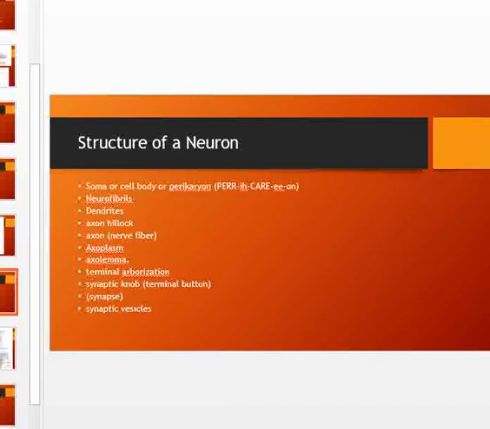The synaptic knob, or terminal button, is the next thing. I am very sure that you did it in high school. It's like a little swelling that forms a junction, and that junction is what we call the synapse. Between one nerve and another, we have a junction called a synapse, and at each end of the synapse we have a synaptic knob.